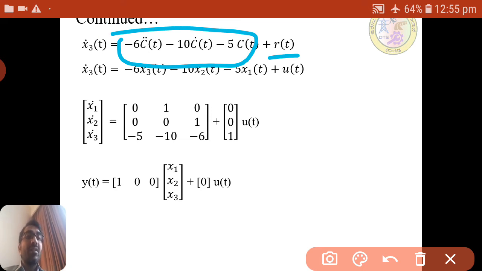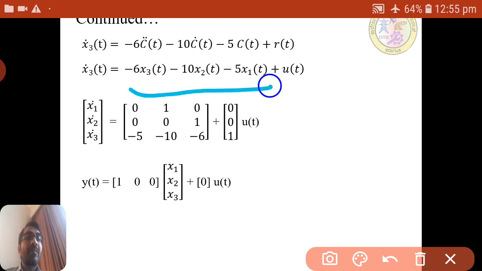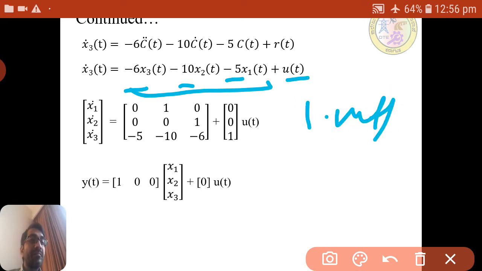Okay, so in the same manner, instead of c of t, if you replace with x3, then if you represent in x1, x2, x3, it is minus 5, minus 10 and minus 6 as coefficients and 1 into u of t.